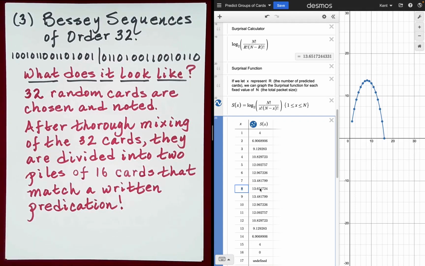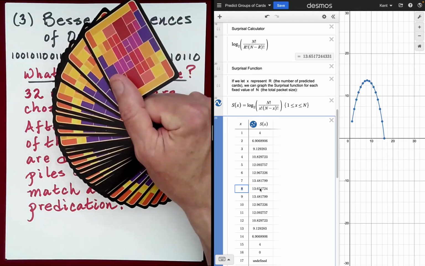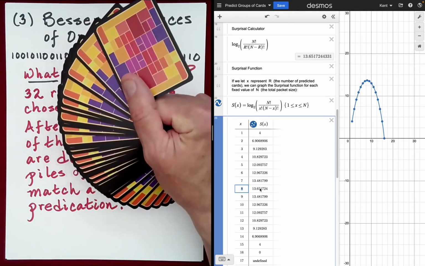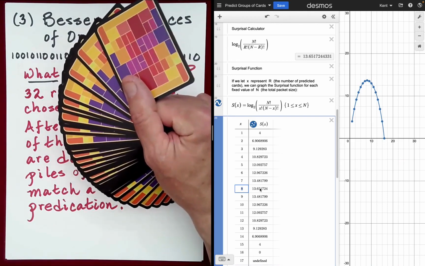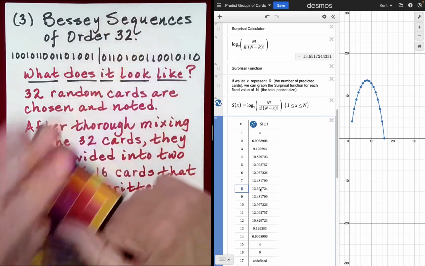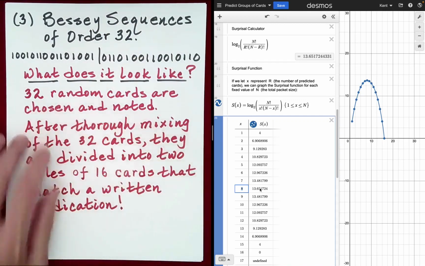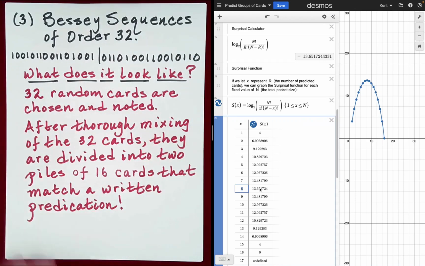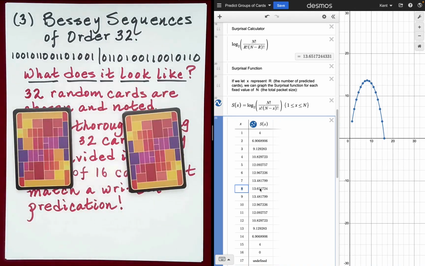And so with these 32 cards, you can now put it through tremendous, quote, randomization dictated by the spectator. And then when you're done, you can divide these cards into two groups of 16 cards each. Okay, so I'll just kind of pretend I've done that. So here's 16 of those, and here's the other 16. So we divided the packet, okay?